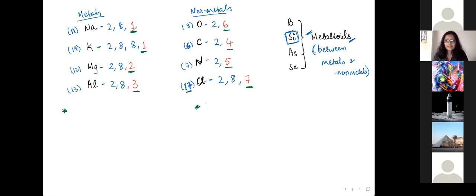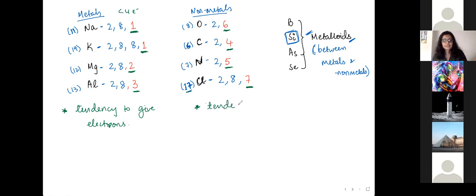Because metals have less than 4 electrons in the outermost shell, metals have a tendency to give electrons. And non-metals, because they have more than 4 electrons, like chlorine can't lose 7 electrons, that's a whole lot of electrons. So non-metals have a tendency to gain electrons.